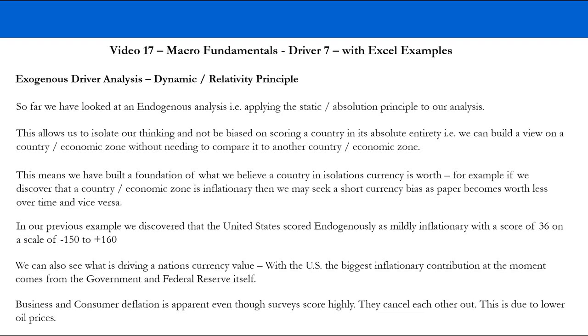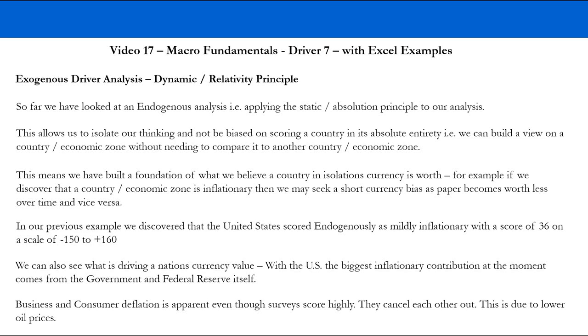This basically means that we've built a foundation of what we believe a country's currency in isolation is actually worth. So, for example, if we discover that a country or economic zone is inflationary in nature, then we're probably looking to seek a short currency bias, as the paper becomes worth less over time, and vice versa.